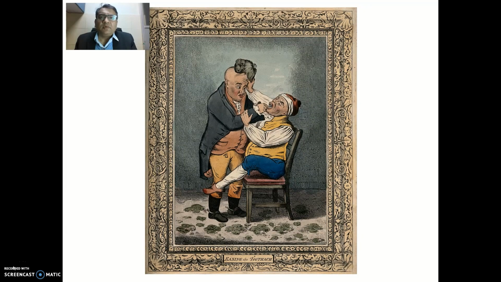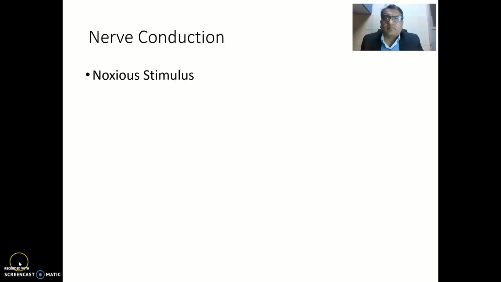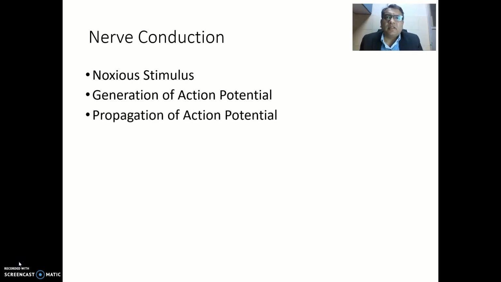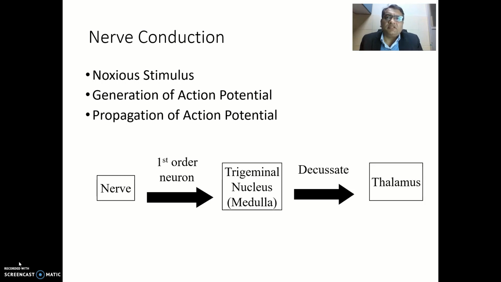Dental pain is one of the most severe pains that can occur in the human body. The use of local anesthesia has changed dentistry. Before discussing local anesthesia, we are going to talk about pain. Pain sensation results from the noxious stimulus, then an action potential is generated and propagated, and pain sensation travels through the first order neuron to trigeminal ganglia, and the fibers originating from ganglia will travel to the thalamus.